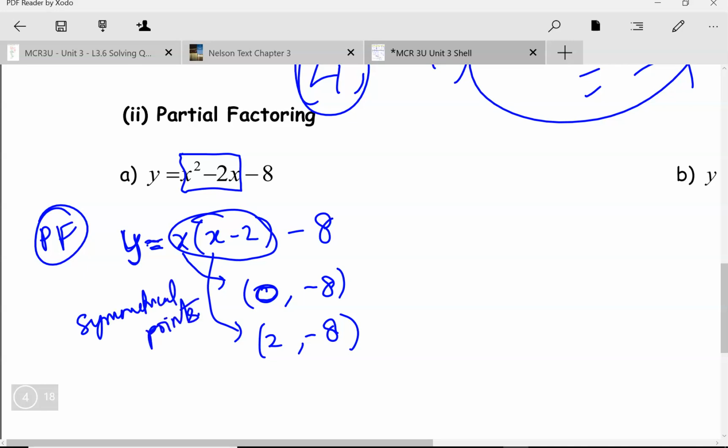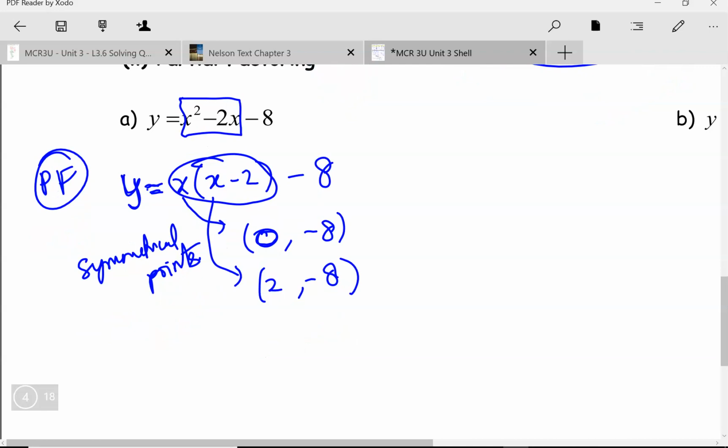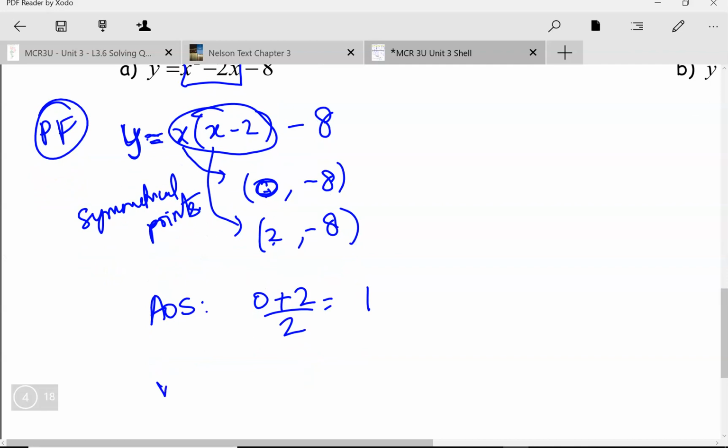And that turns out to be very handy, because with symmetrical points, I can easily find my axis of symmetry by just taking the average of the x coordinates of my symmetrical points, because I know symmetrical points are equal distance away from my axis of symmetry. And then to find my vertex, I'm just going to put my x coordinate into my equation.